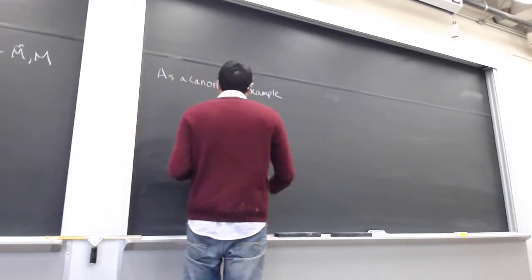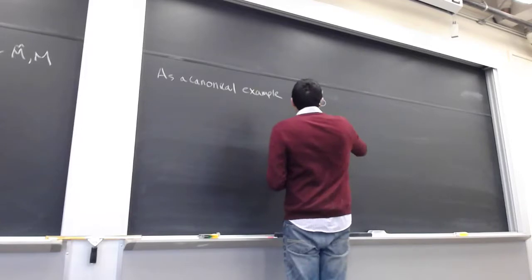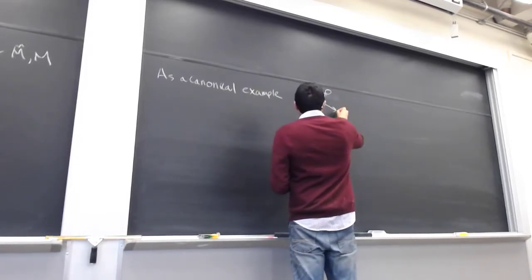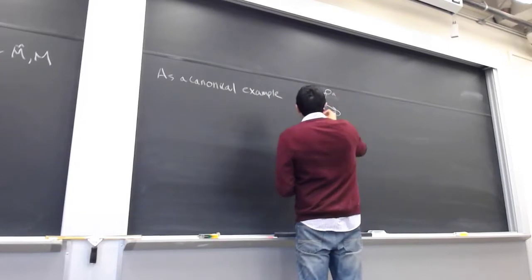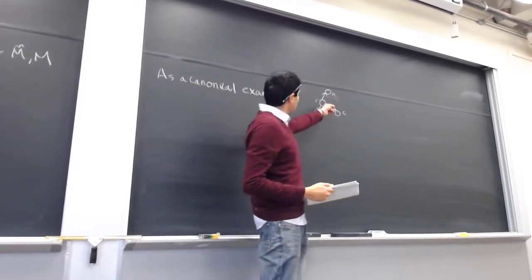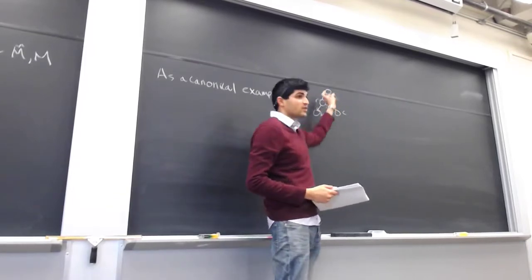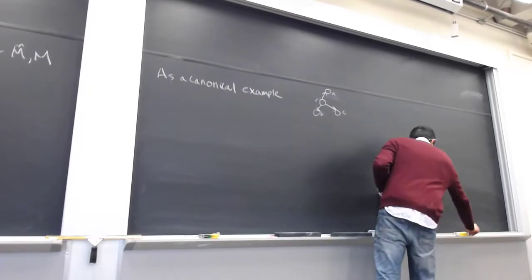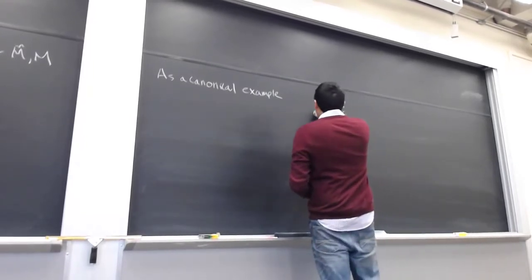But as a canonical example, suppose we just have this really simple phylogenetic tree, where we have this hidden root, and then we have these 3 observed leaves, on which we see the states.